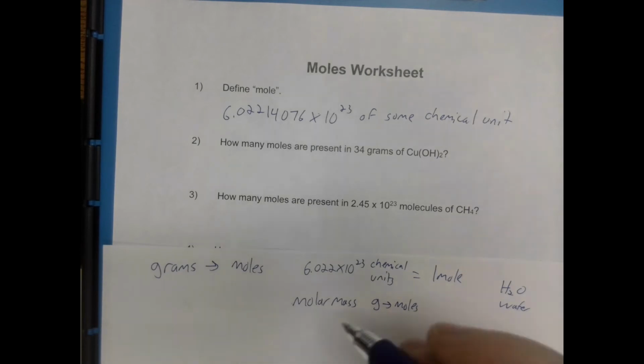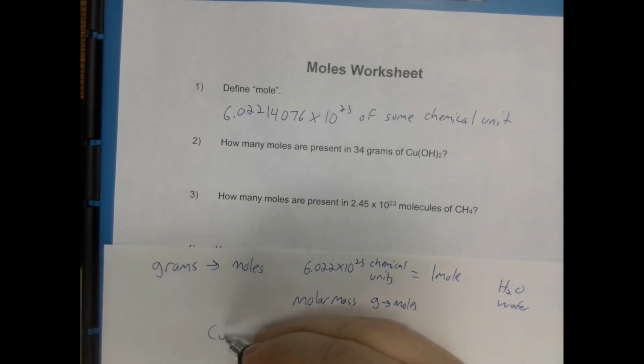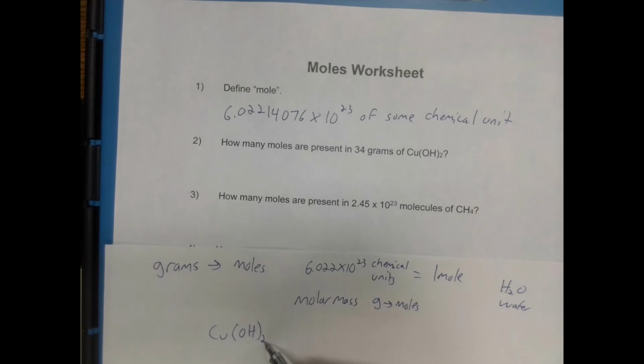So we need to find out its molar mass so we can convert from grams to moles. For copper hydroxide, this 2 on the outside means that what's in parentheses is repeated twice. You basically multiply everything inside by 2. Another way of looking at it is that there are 2 of them.